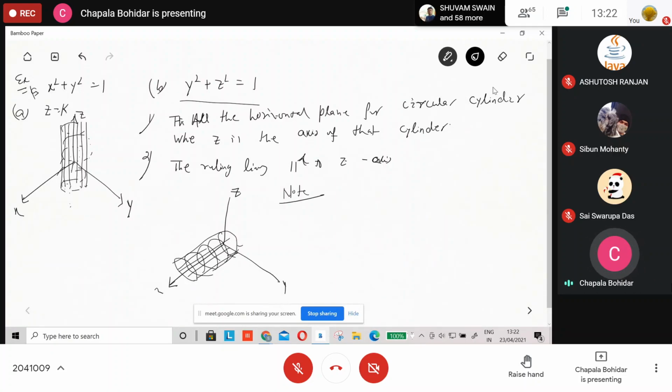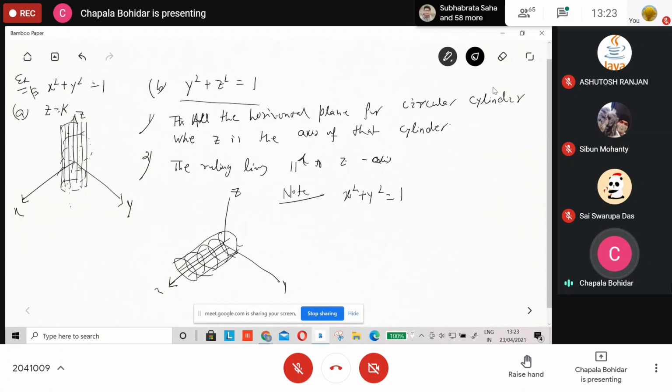When we are dealing with surfaces, it is important to recognize that an equation like x square plus y square is equal to 1 represents a cylinder, not a circle.